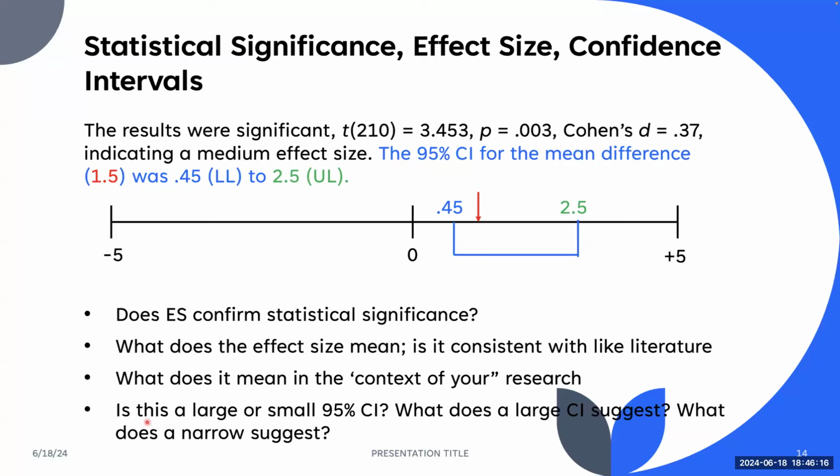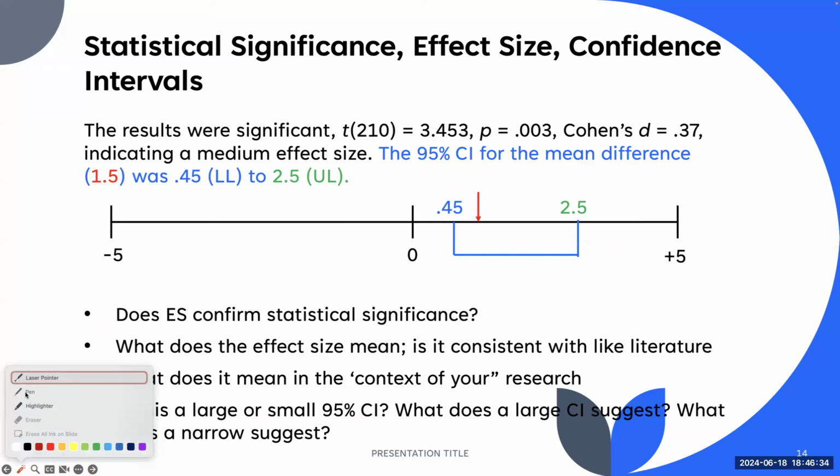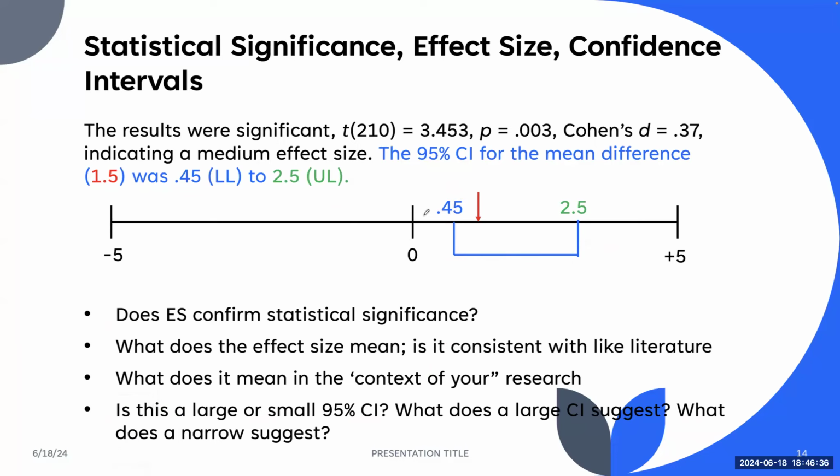Another thing to ask yourself: is this a large or small confidence interval? Suppose this confidence interval went from 0.45. Let me try to draw a little bit. Suppose the confidence interval went here, like that.